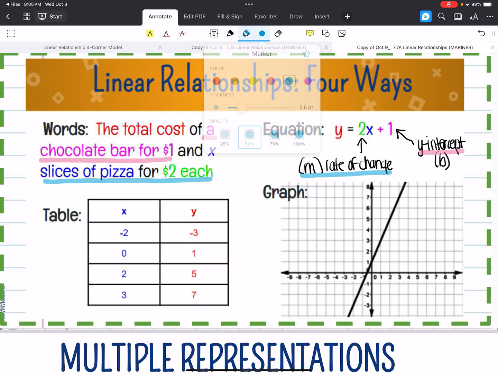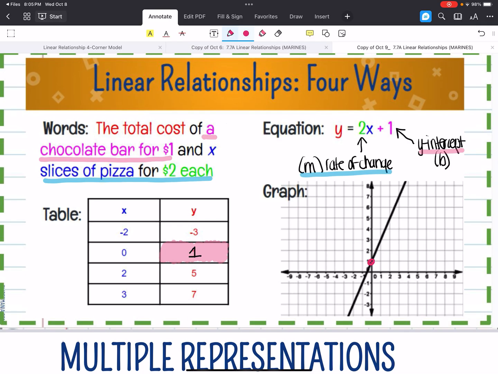Now, whenever you identify what your initial amount is, which is that $1, that is what y is going to equal when x is 0. So you already have one ordered pair, which is when x is 0, y is 1. So we can check the rest of our table using our equation.